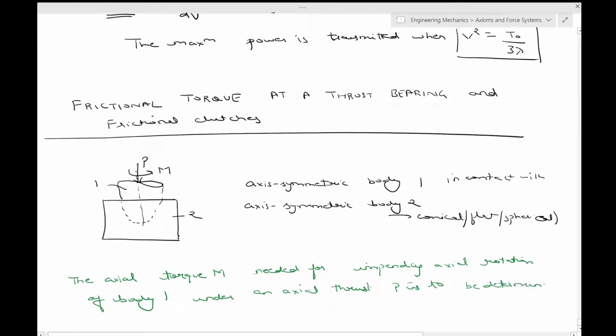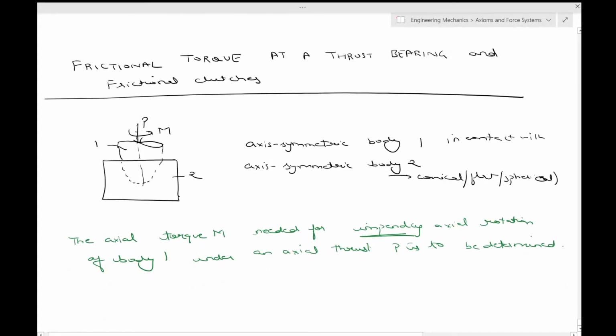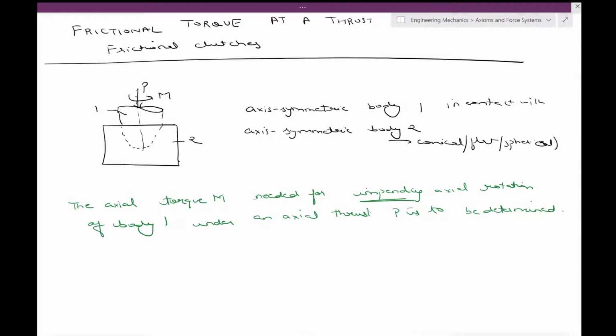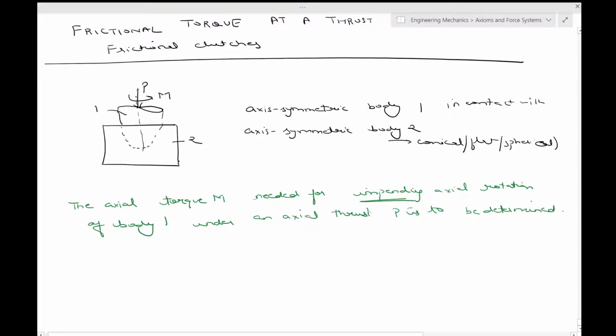So you have to essentially find the relation between this M and P. What is M? It's the axial torque M needed for impending axial rotation. Clearly there will be friction acting on body 1 under an axial thrust P. So you have to find a relation between M and P. Let's now try to draw a free body diagram of body 1. So now we can go something like this.